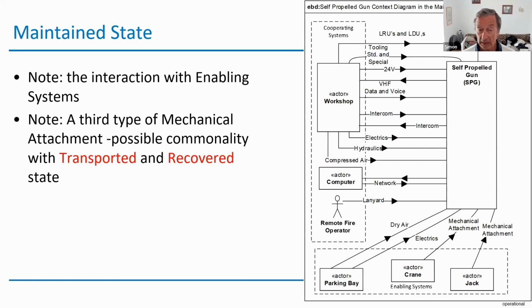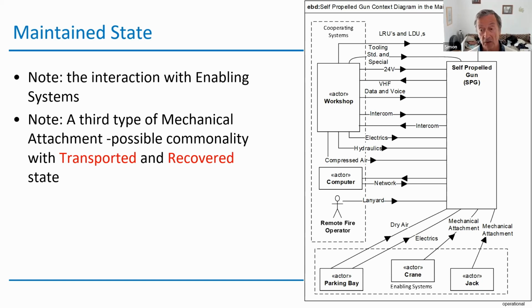And again, we need to explore the possible commonality between this and the transported and recovered state, because if we have one mechanical attachment that can cover all areas, it's going to reduce the possibility. If you had two mechanical attachments, one for the crane, one for the recovered state, then you might use the wrong mechanical attachment, and with different forces, you know, you could drop the crane or leave it stuck in the ditch.